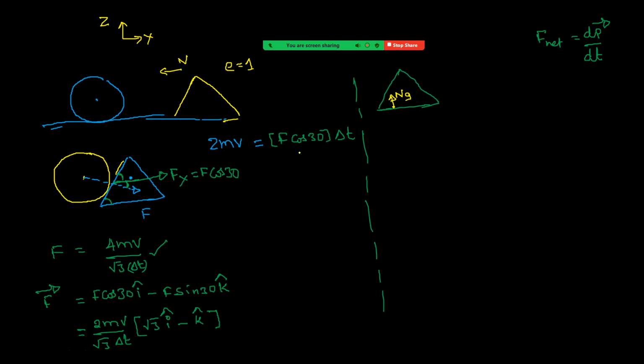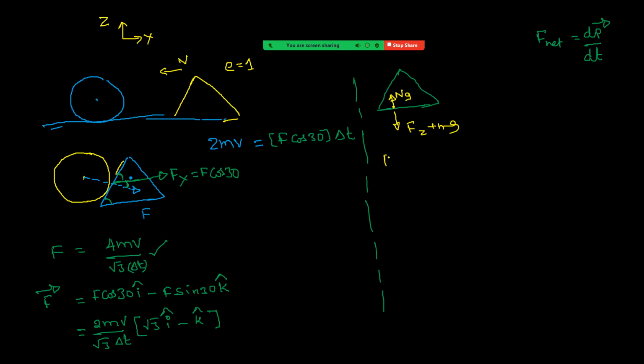Next, this force component is downwards, that is Fz along the axis downwards. Next, mg downwards plus mg. And this Fz is how much? F sin 30, right?